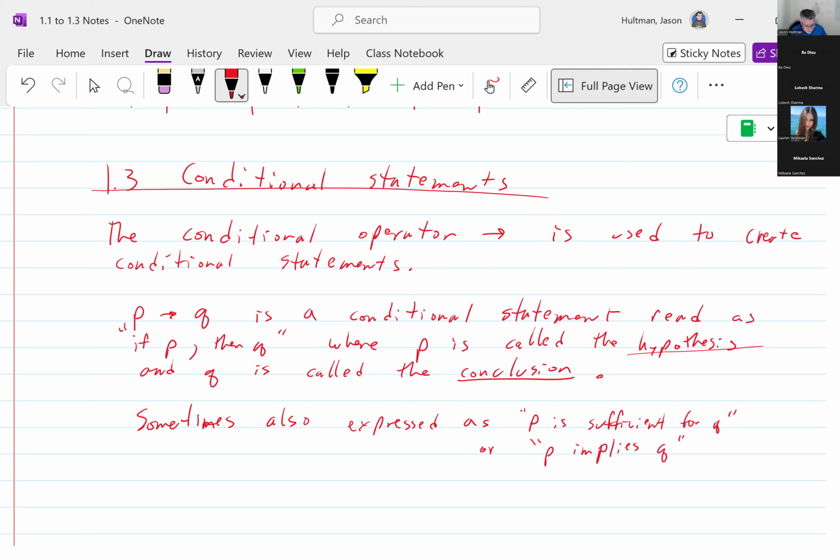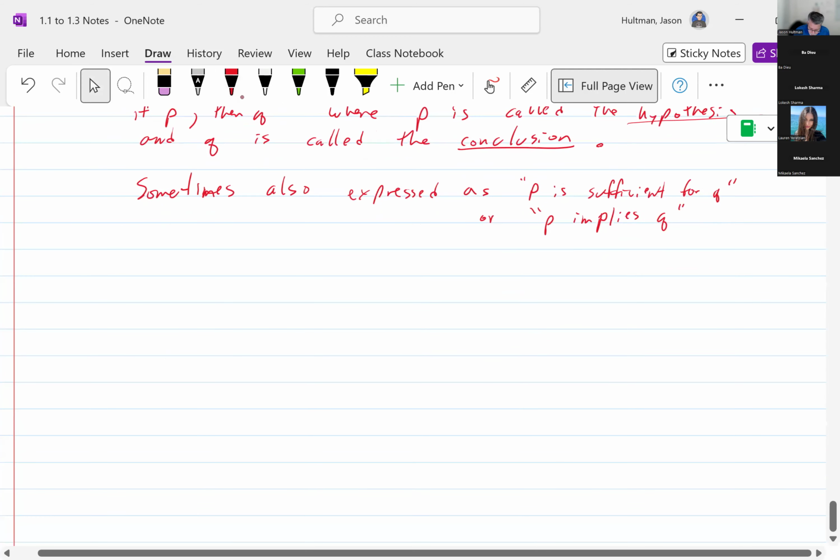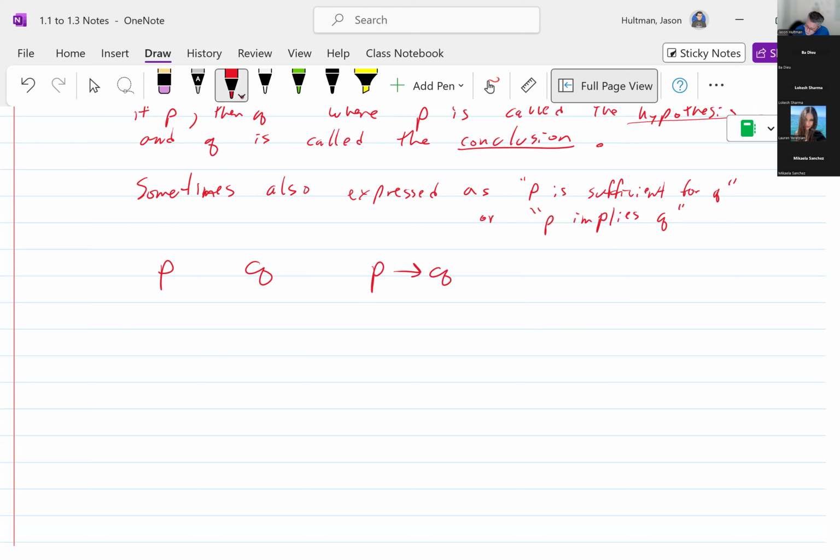So let's look at the truth table. If P is true, then is Q true? And what happens if P is false? Then is Q false? Or could they be, let's figure this out. We have P, Q, and then P implies Q. For P, we're going to have true, true, false, false.